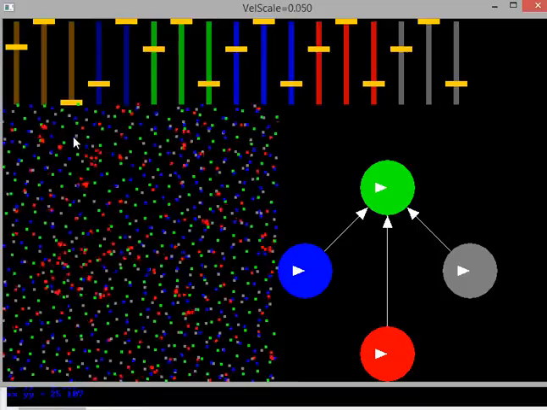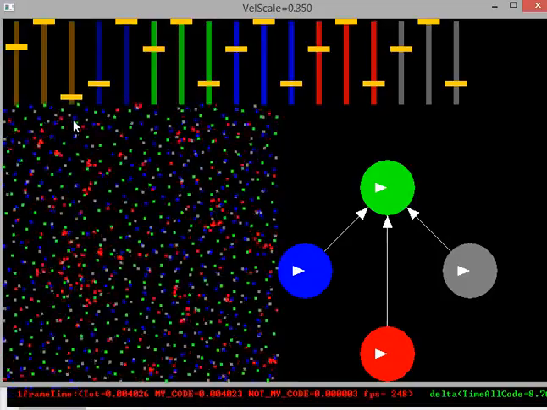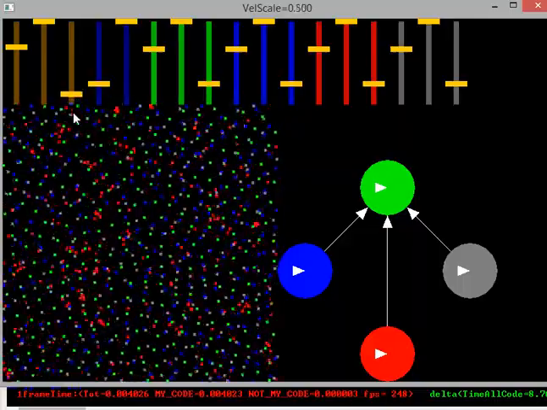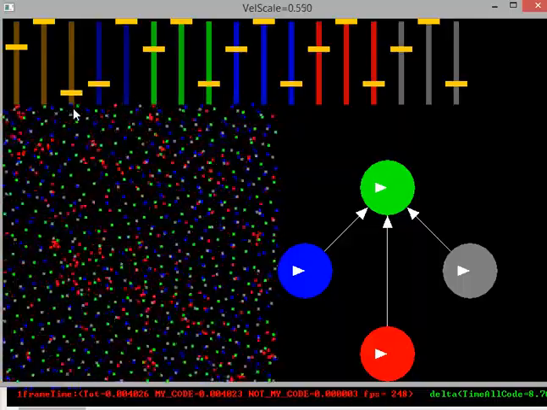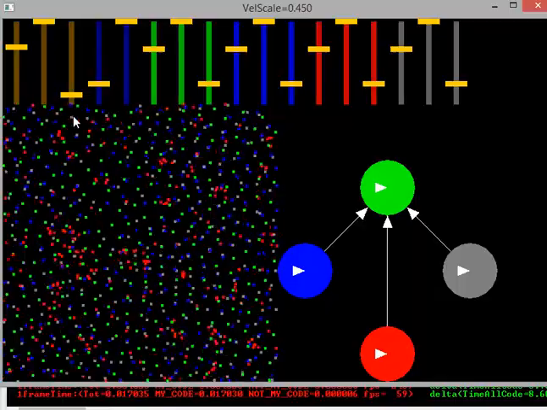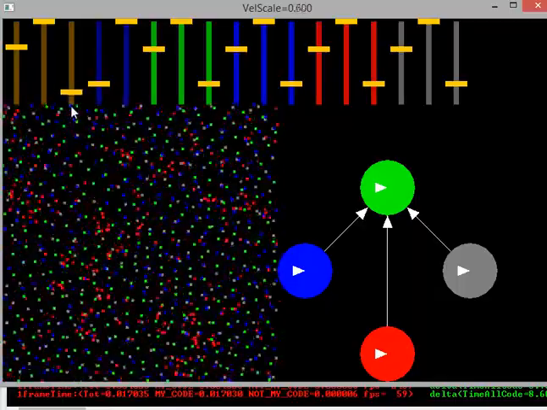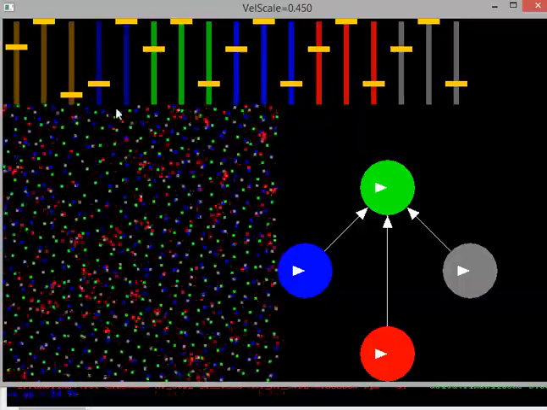Ooh, let's slow this down. What's going on here? Looks like red is the only one. Red happened to get the spark of life, and it's the only one that seems to be moving around here. Why is everything else not moving?